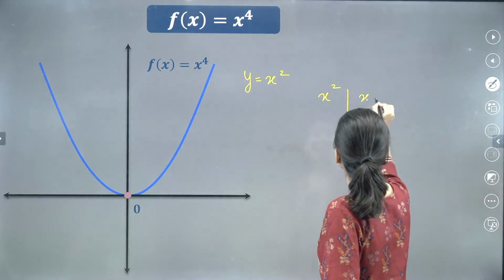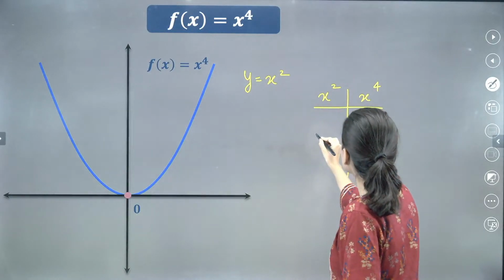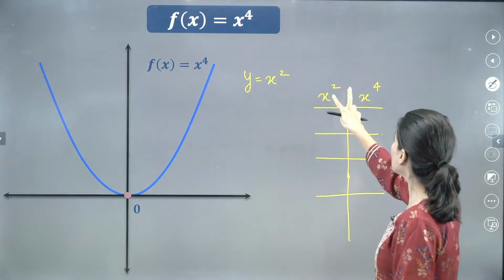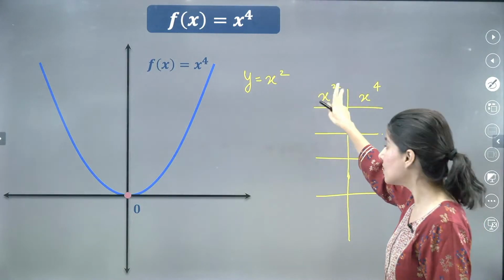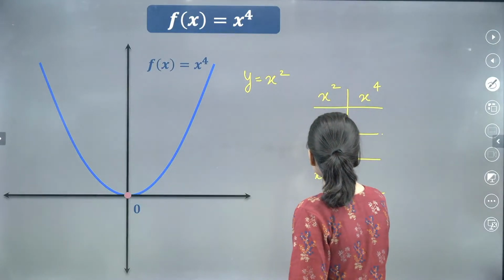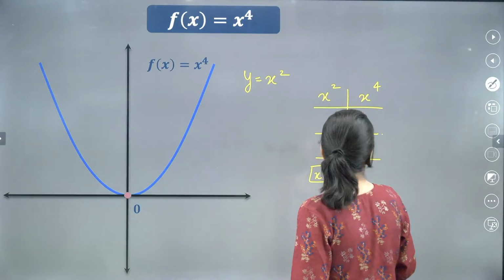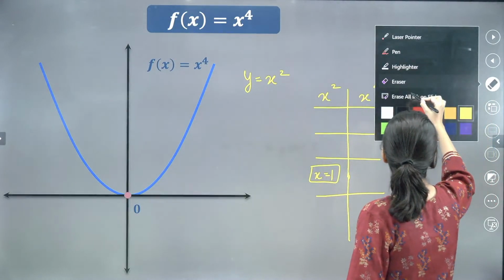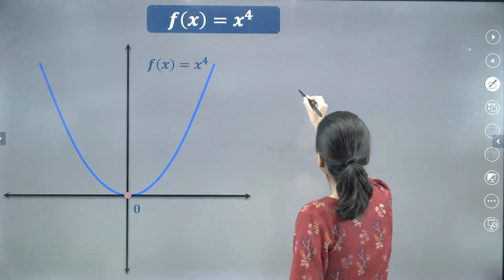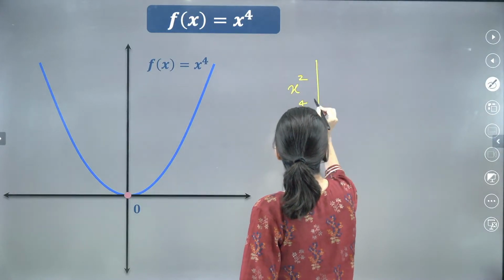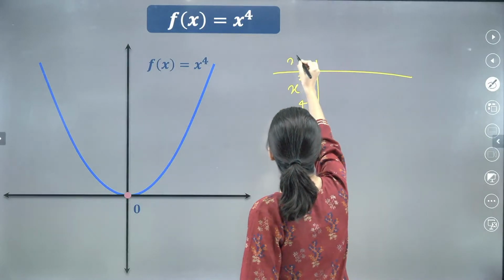So x square and x raised to power 4. Let us check what happens over here. These two quantities will obviously become equal when you put x equals 1. This is x square, this is x raised to power 4 and this is the value of x.